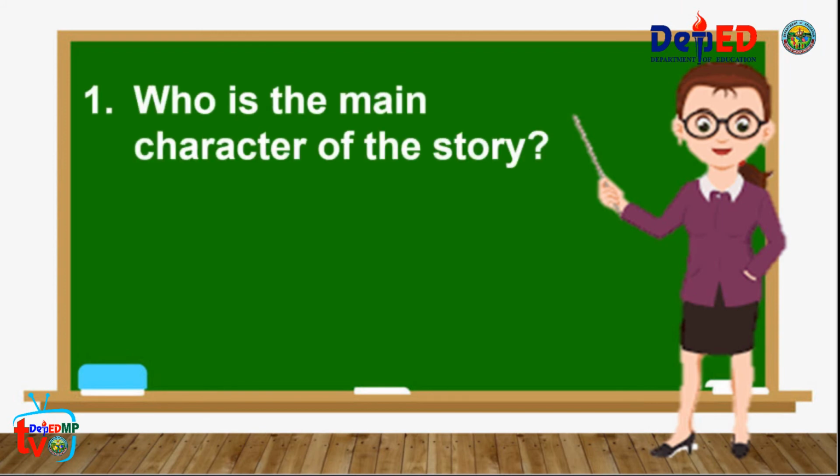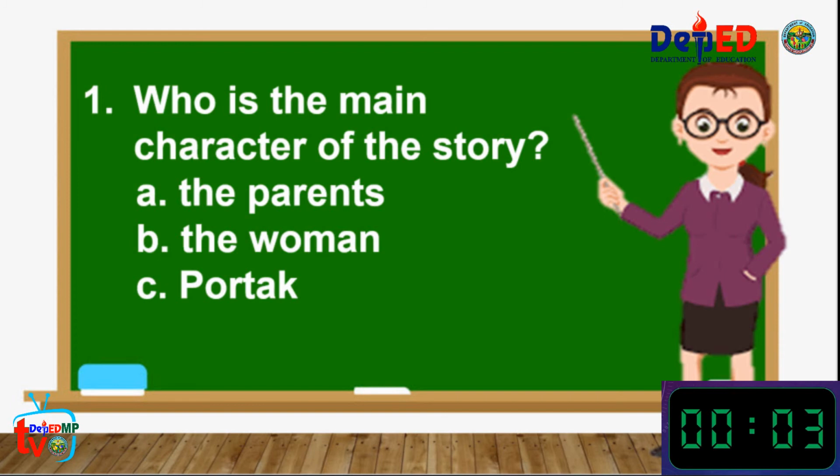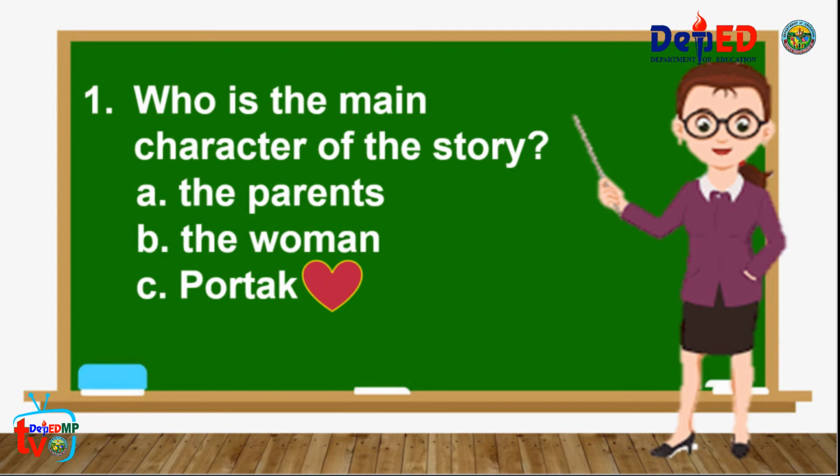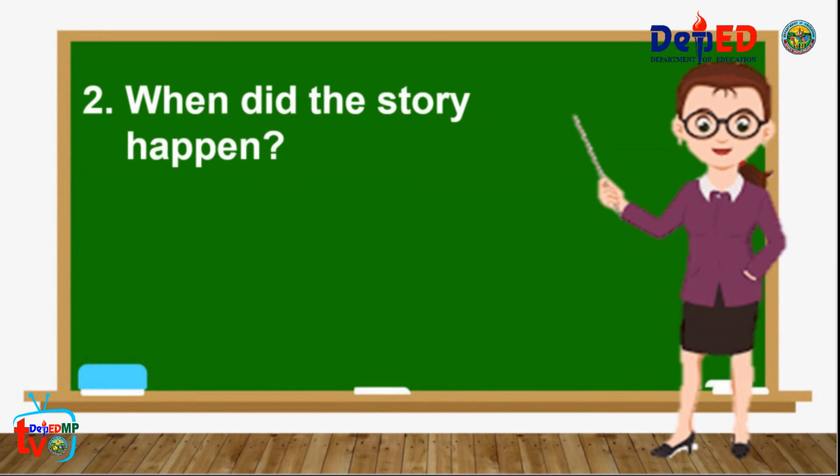Number 1. Who is the main character of the story? A. The parents. B. The woman. C. Portak. The answer is letter C. Number 2.